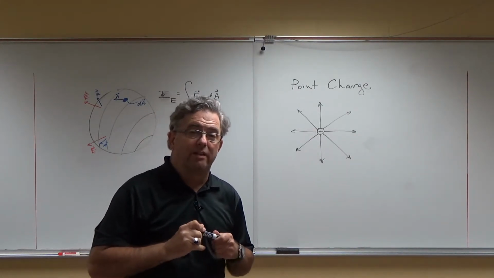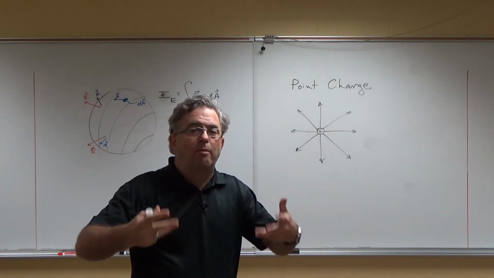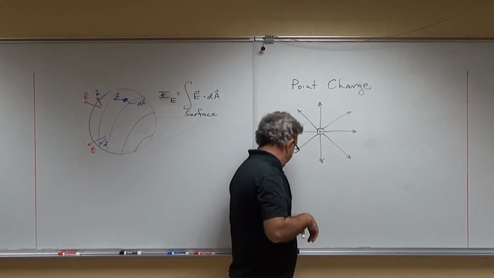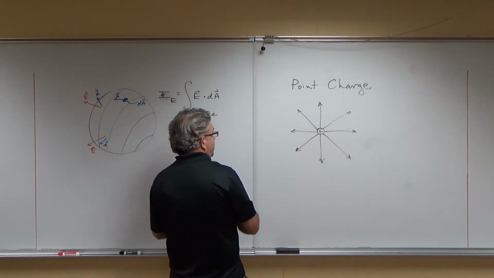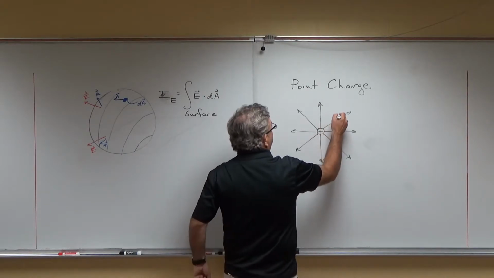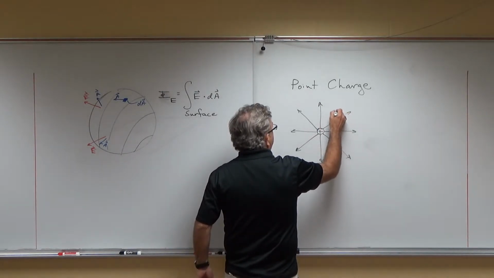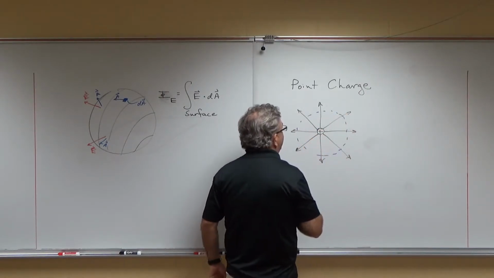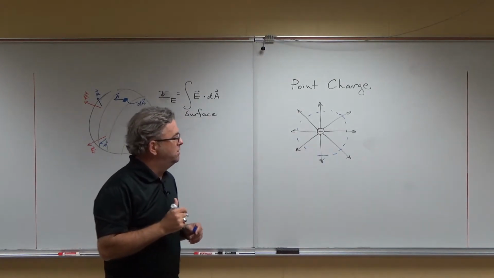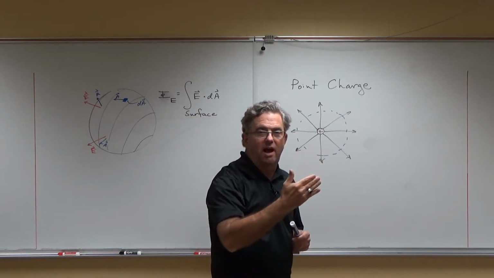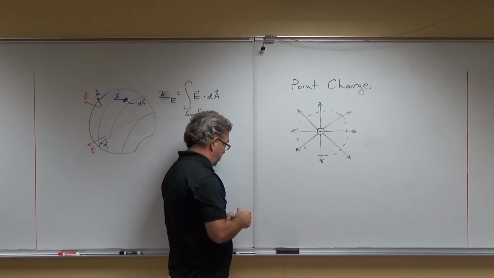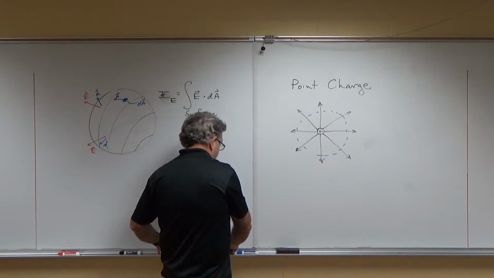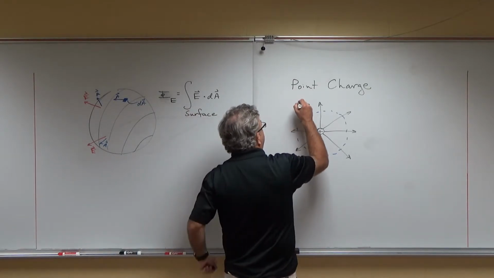If I want to calculate the flux due to this, I'm adding up all that electric field around some certain area. I'm going to enclose it in an imaginary sphere. So there's my imaginary sphere. I know I'm drawing a little 2D slice, but I'm enclosing this charge in this little imaginary sphere, and these are the electric field lines.